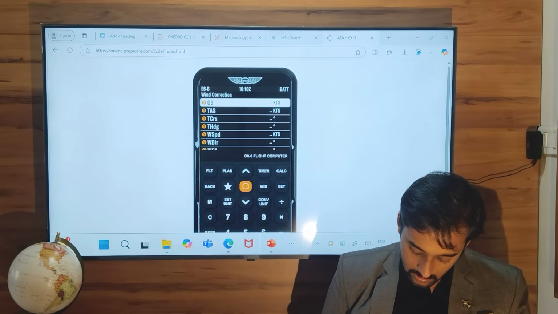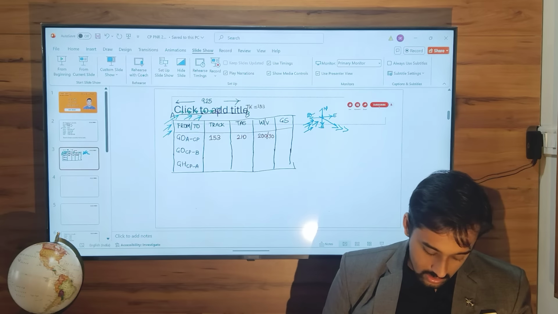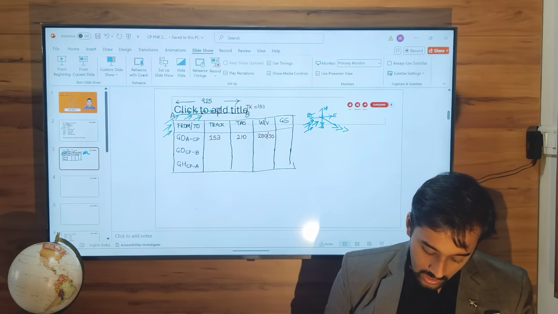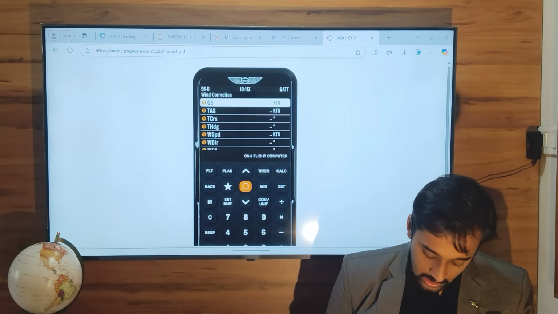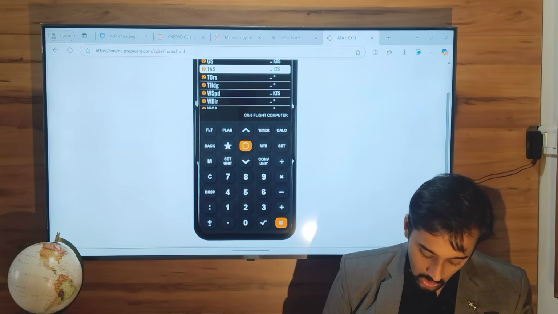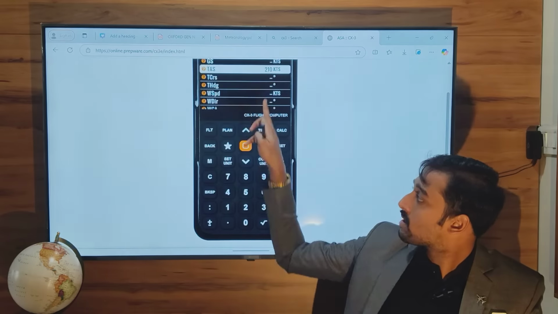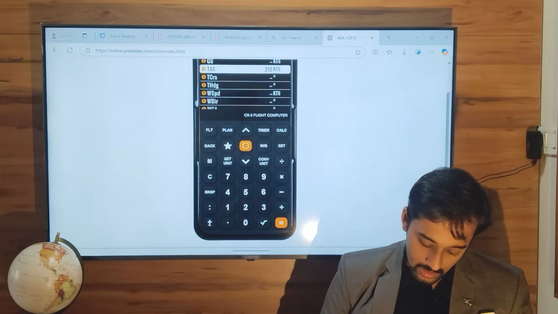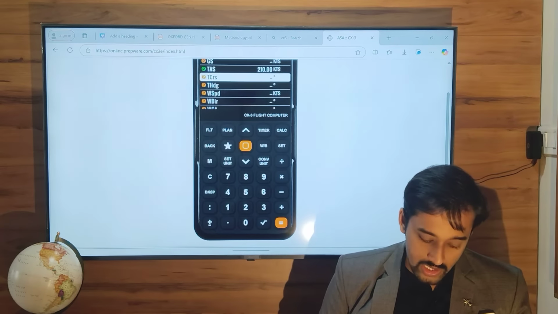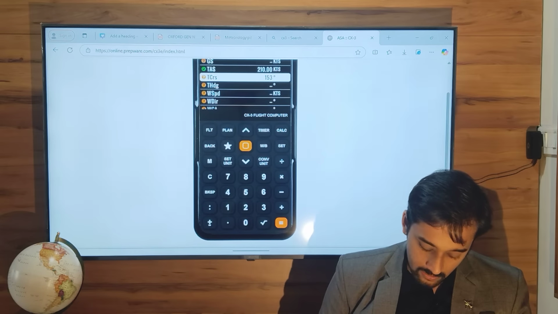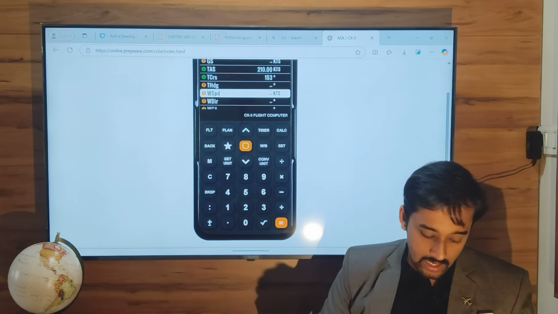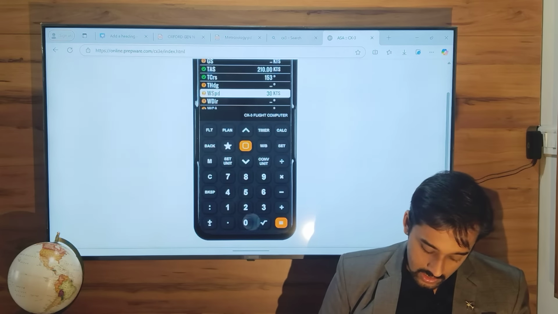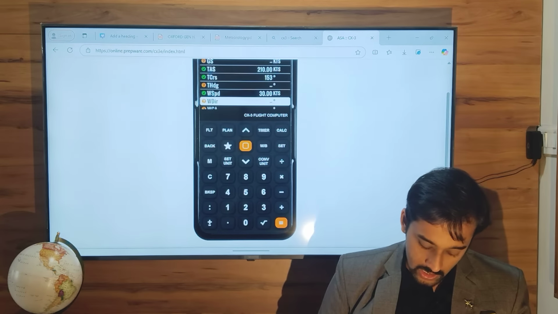A true airspeed of 210 knots. So put 210, press the orange button, go down. Your course is 153, track is 153. Go to wind speed. Your wind speed is 30 knots. Wind direction is 200. Press the orange button.